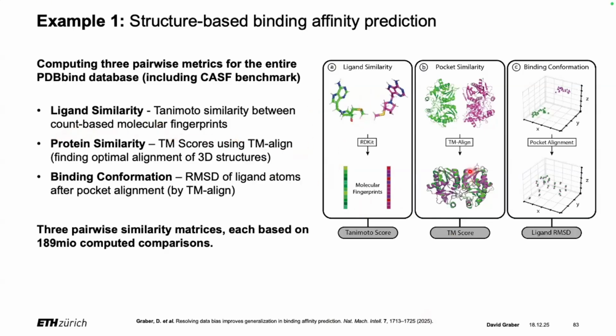We looked at protein similarity, which uses TM-align, a tool to find the optimal alignment of the 3D structures of two proteins and outputs a score between 0 and 1. And then finally, we also looked at the binding conformation. So we computed an RMSD between all the ligand atoms after pocket alignment using TM-align. And this resulted in 3 pairwise similarity matrices, each based on about 190 million comparisons.